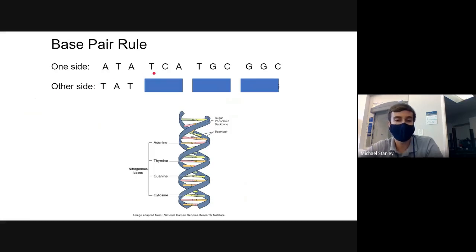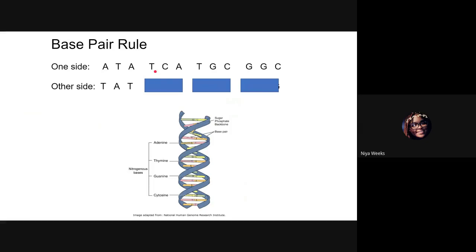What about our next set of base pairs? Can somebody other than Nasima tell me, if we have TCA on one side of our DNA, what should we find on the other side? ATA. No, the same thing at the top, but flipped.